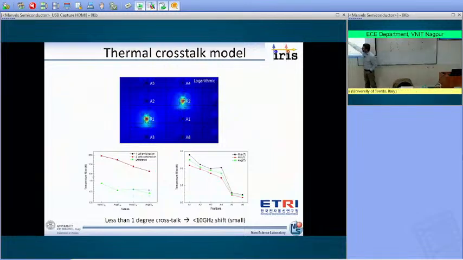And what you see is that the temperature rise depends on the specific nearby microring that you are controlling, but is always less than 1 degree Kelvin. And so the shift is negligible. In this way, we have optimized the function of the node, as well as the spacing of the different nodes on the circuit.